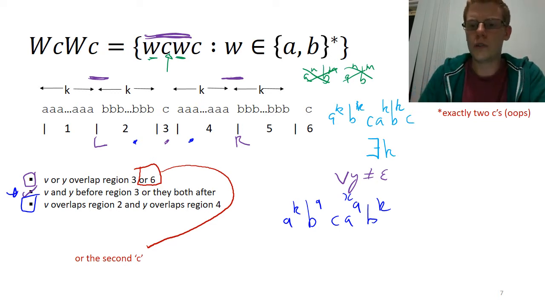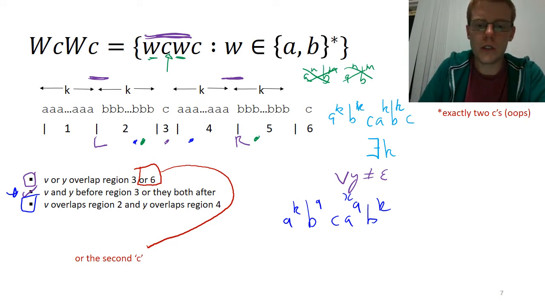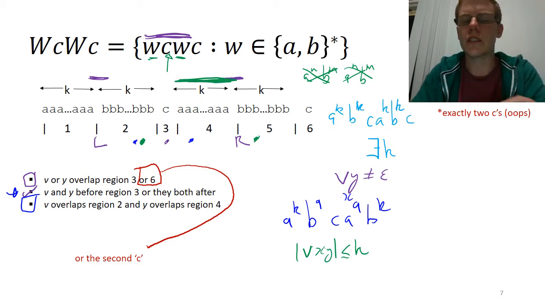Now, you might also think of some other possibilities, such as V in region 2 and Y in region 5. The reason we know that's not the case is because of our usual constraint on length. So we have that vxy has to be less than or equal to k characters long. The only way to have something in this region and something in this region is to have something that spans larger than this region here that is of length k.